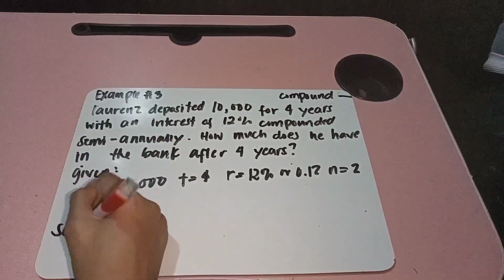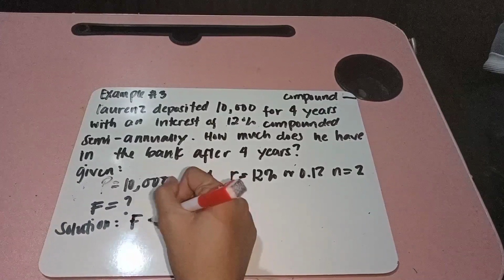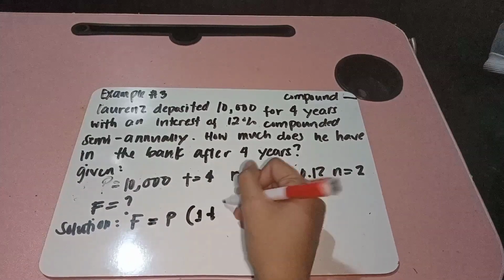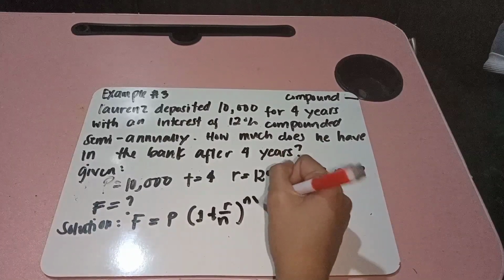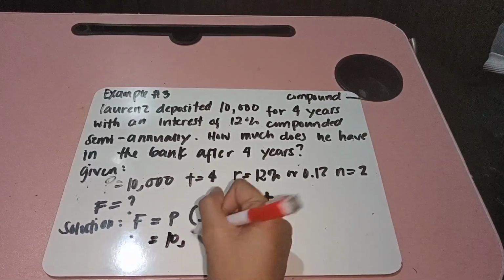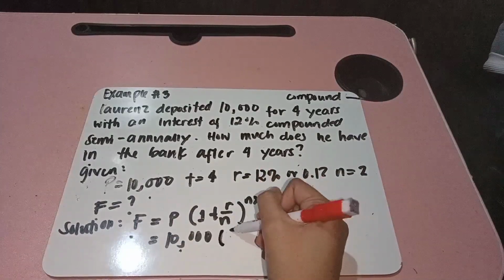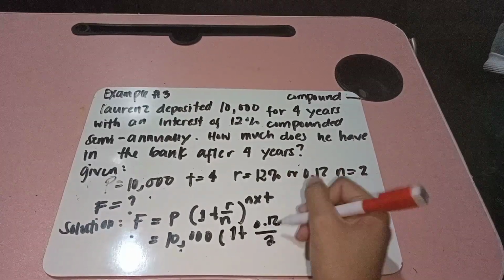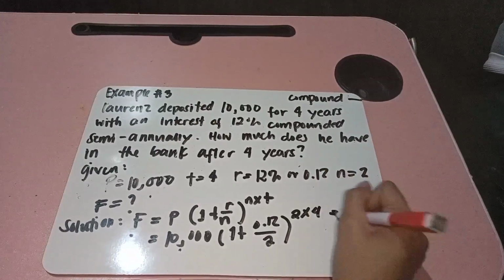So for the solution, F is equals to P, 1 plus R over N raised to the power of N times T is equals to 10,000 since it is the principal, parenthesis 1 plus 0.12 over 2 raised to the power of 2 times 4 is equals to 8.